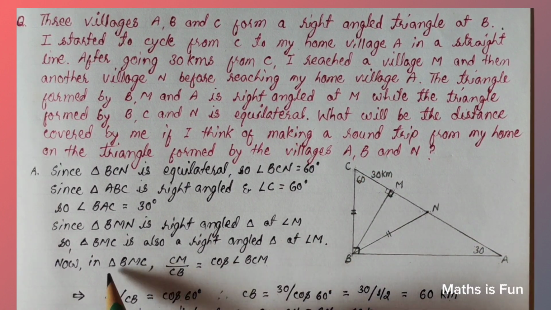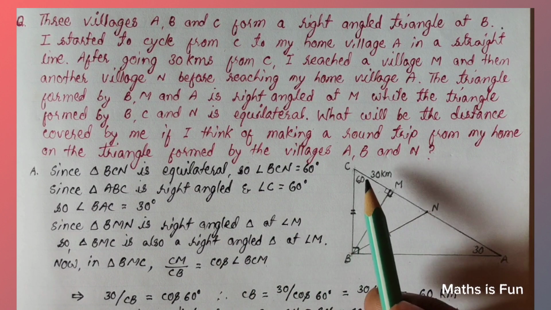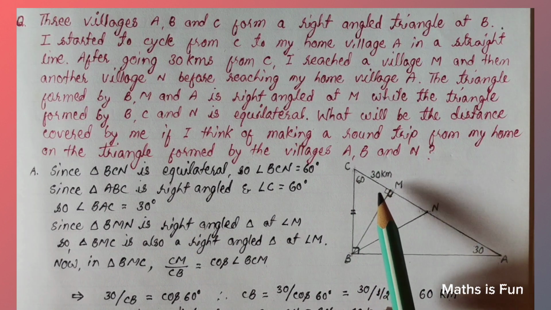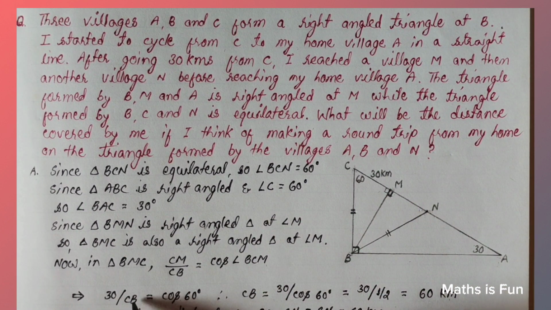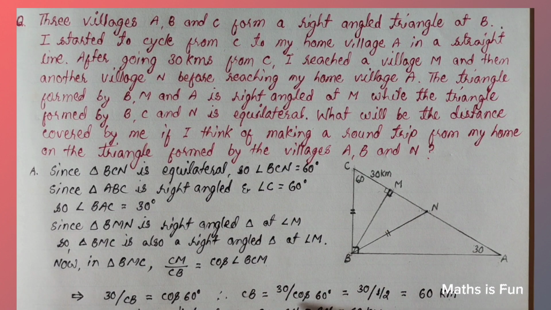We have CM as 30 kilometers, that is already given. CB is what we need to find out, and cos 60 degree is half. So on solving this, we get CB as 60 kilometers.